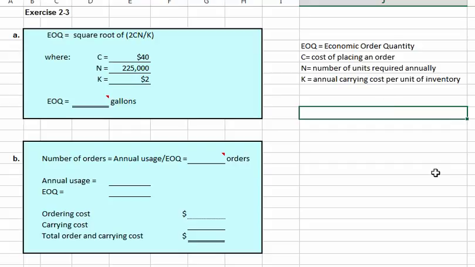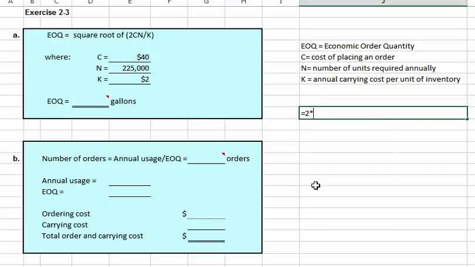Alright, and that's the top half of our formula that we're going to take the square root of. So I'm going to say it's equal to 2 times, and you can punch this in the calculator. I just like doing it in Excel.